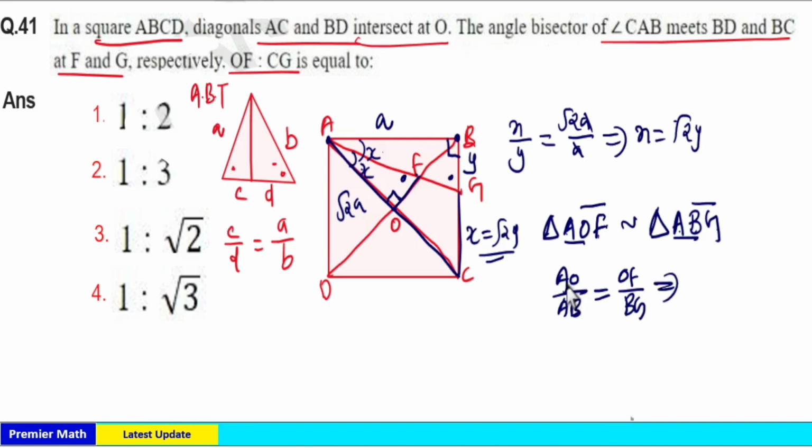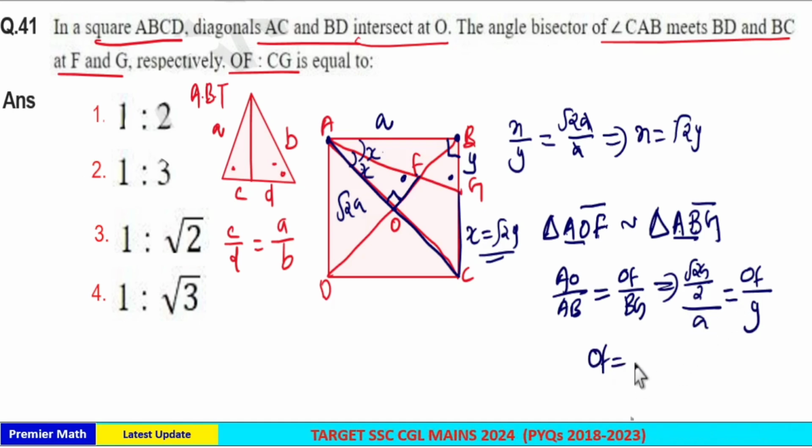Now from this, AO is equal to half of the diagonal, which is root 2 a by 2, and AB is equal to a, OF we have to find, and here BG is equal to y. Now from this, OF is equal to, here a cancels, root 2 goes root 2 times in 2.